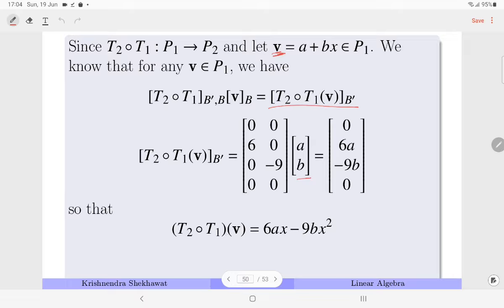If you need T2 of T1 v, then you simply multiply it with this standard basis, which is 1, x, x square, x cube, and that's why you get 6ax minus 9b x square, which is the required answer.